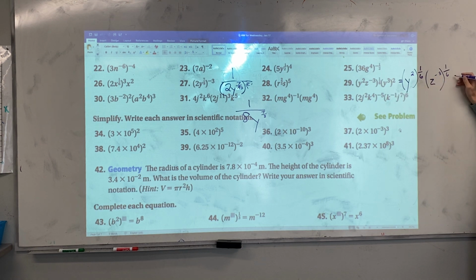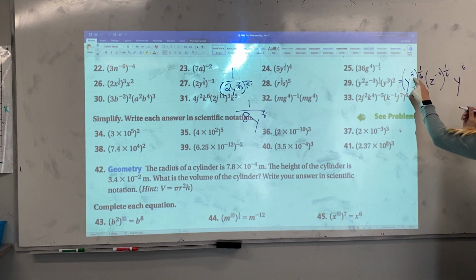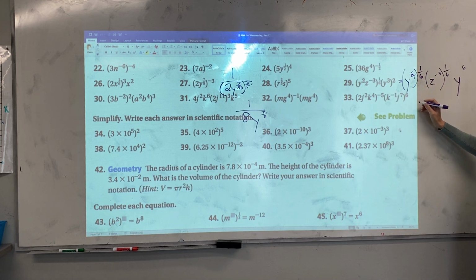We can go ahead and simplify that, right? y to the what? We'll just simplify this. y to the 6, very good. All right, so that's simplified, but I still need to work on these. y to the 2nd to the 1/6, put it over 1 and multiply. What do we get? 1/3.